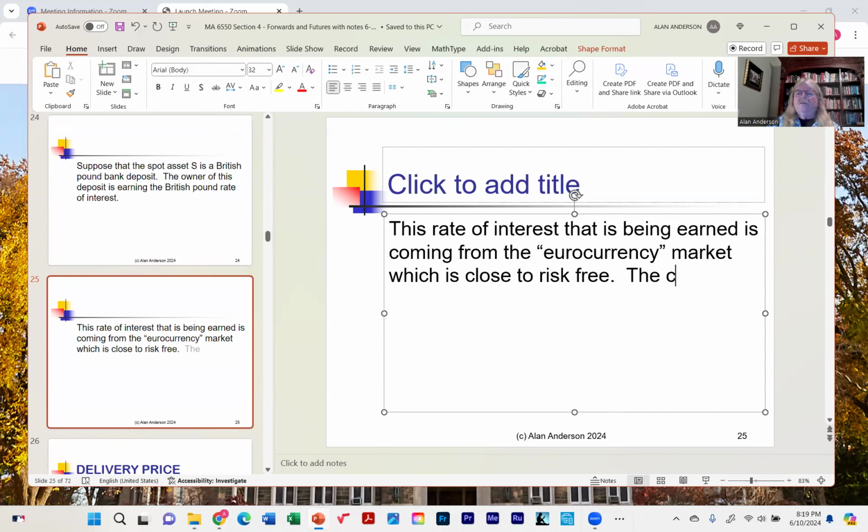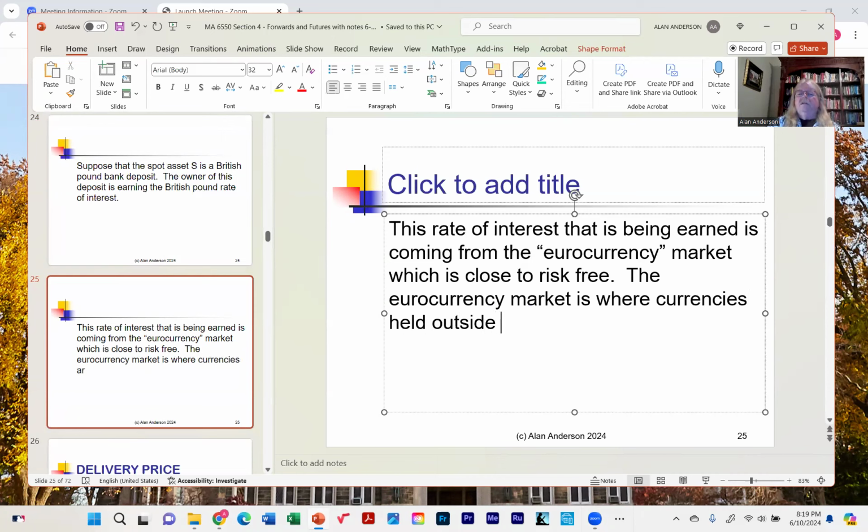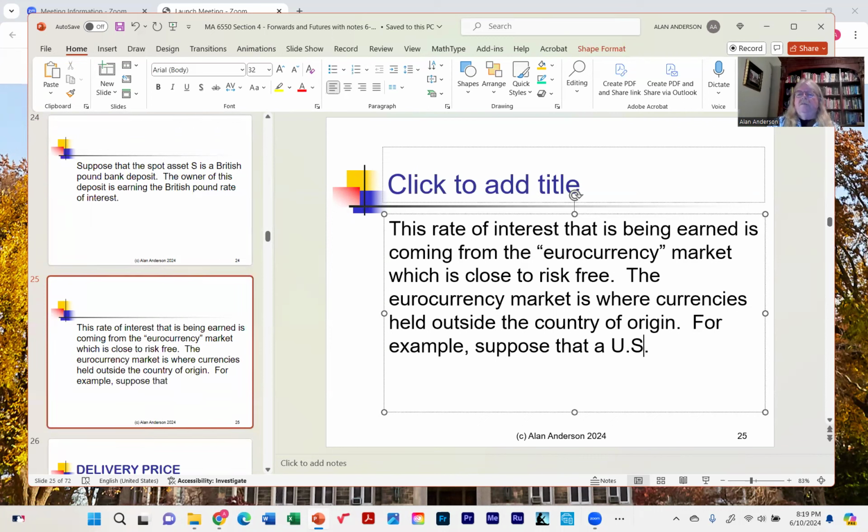So the euro currency market is where currencies are held outside the country of origin. For example, suppose that a US multinational holds dollars in a French bank.